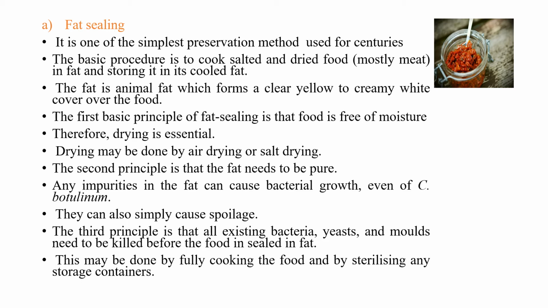Besides that, we are preparing it in fat, and this fat will form a layer on the surface of the food item, which is also an advantageous factor. The first layer will be the fat. And therefore drying is an essential step in this type of method, and we can use either air drying or salt drying.